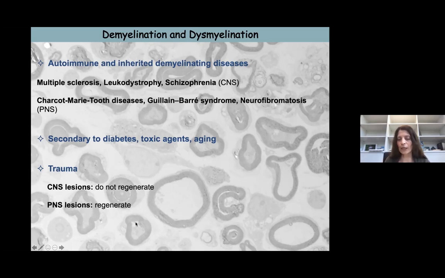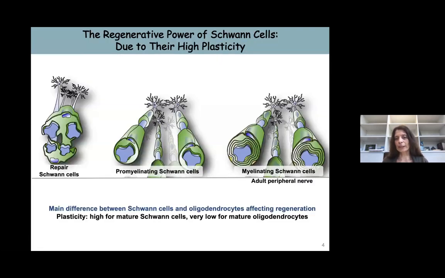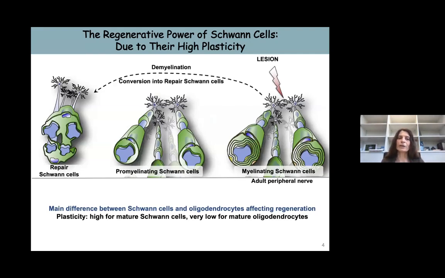So I'm going to talk right now about the lesion. How does the PNS regenerate? When there is a lesion in the adult peripheral nerve, the Schwann cells, the myelinating cells in the PNS, can sense this lesion, and they react by demyelinating. They actively lose their myelin and digest it, a process called myelinophagy. Then they convert into repair Schwann cells.